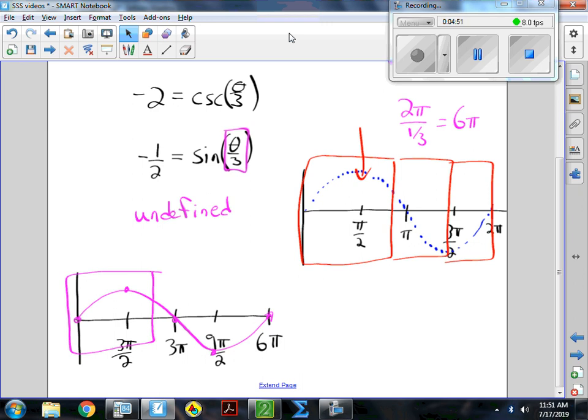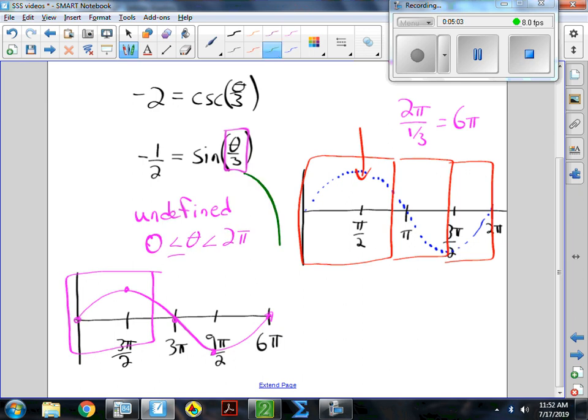If I did want to solve it for a general solution, I would take the inverse sine of negative 1/2, which gives me theta over 3.